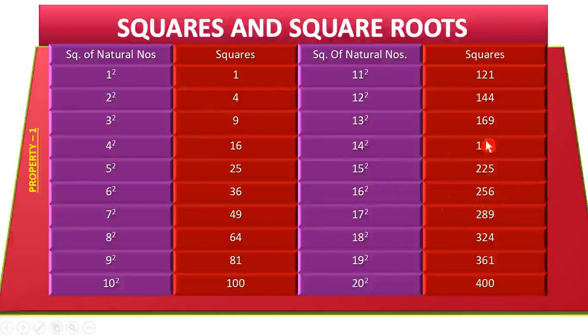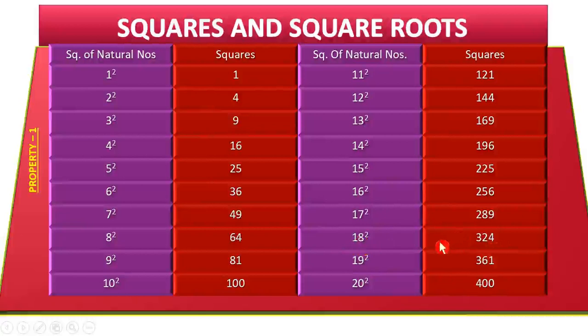If a number has 2 or 8 in units place, then its square ends with 4. 12 square is 144, 18 square is 324.